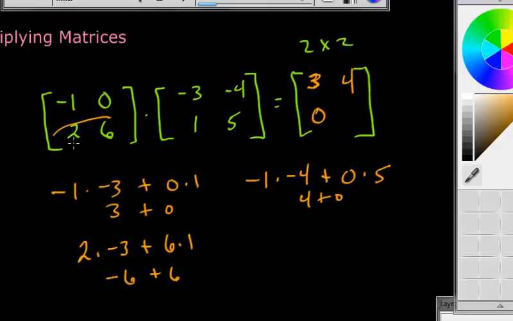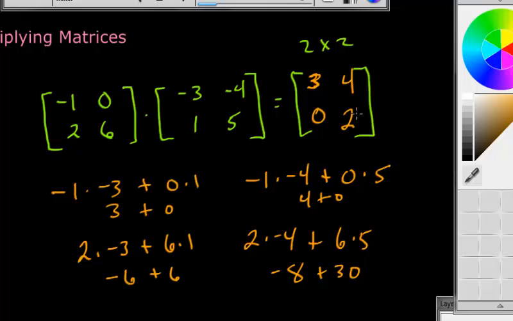And finally, this row times this column to get the last bottom right entry. That would be 2 times -4 plus 6 times 5, which is -8 plus 30, which would be positive 22.